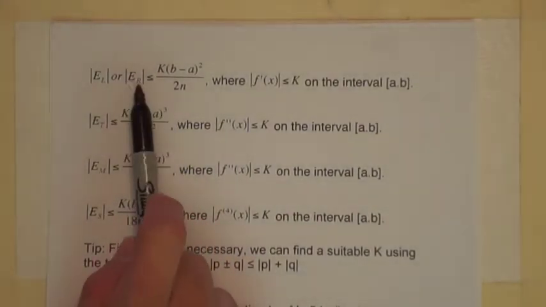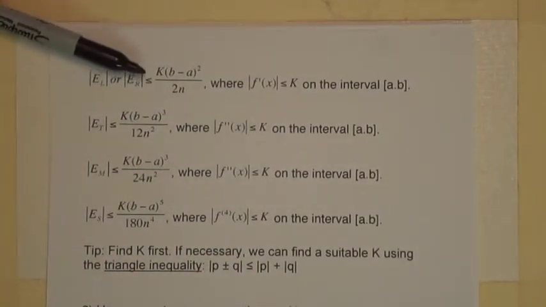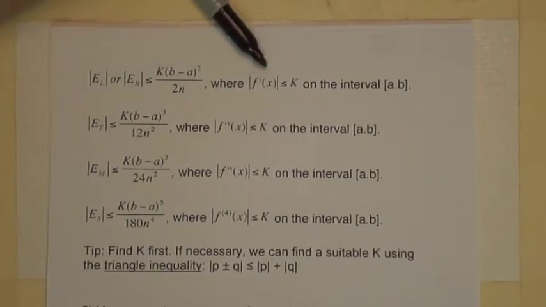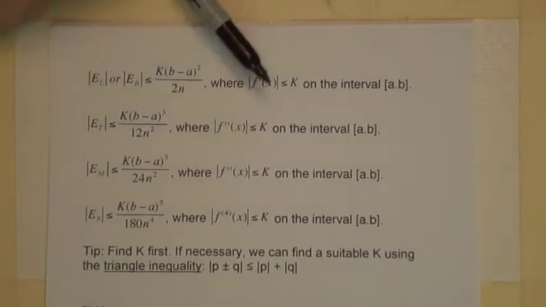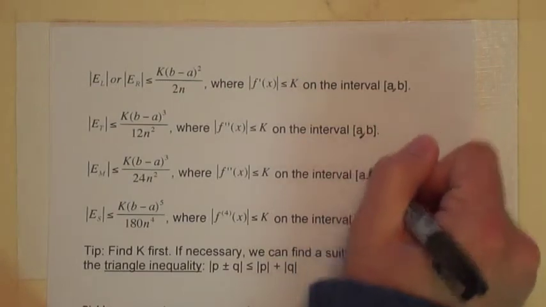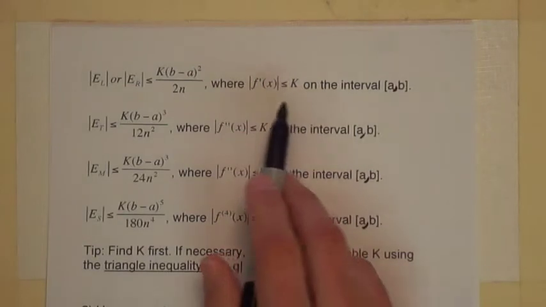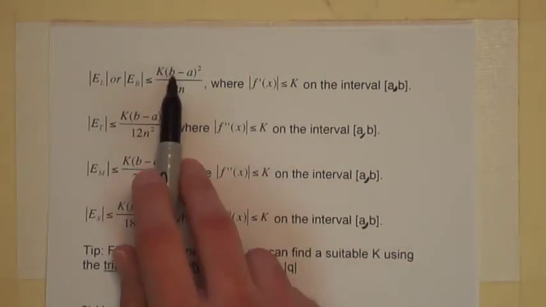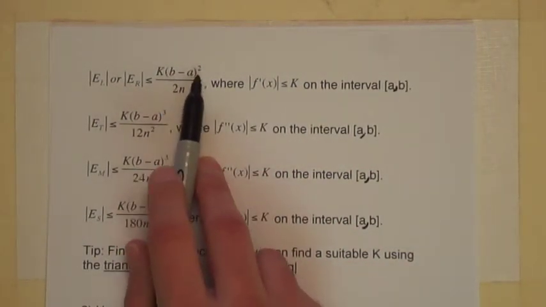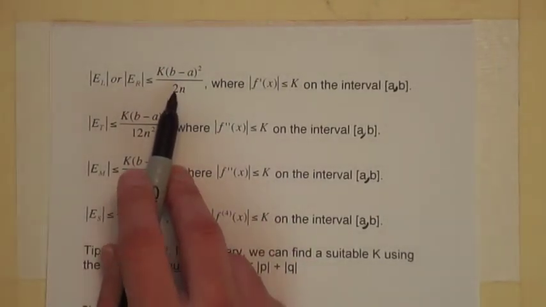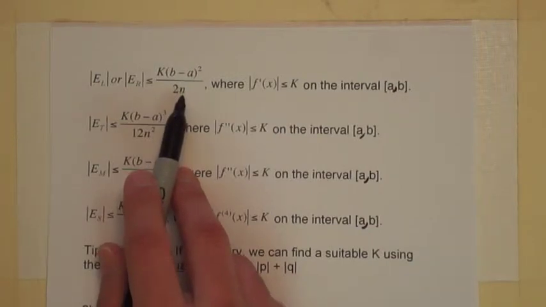And they say that the error is at most k, some constant, which depends on the size of the derivative or second derivative or something on the interval. These should be commas, by the way. They depend on a k, also the size of the interval, b minus a, squared or cubed or something. And they also depend on n, the number of rectangles.